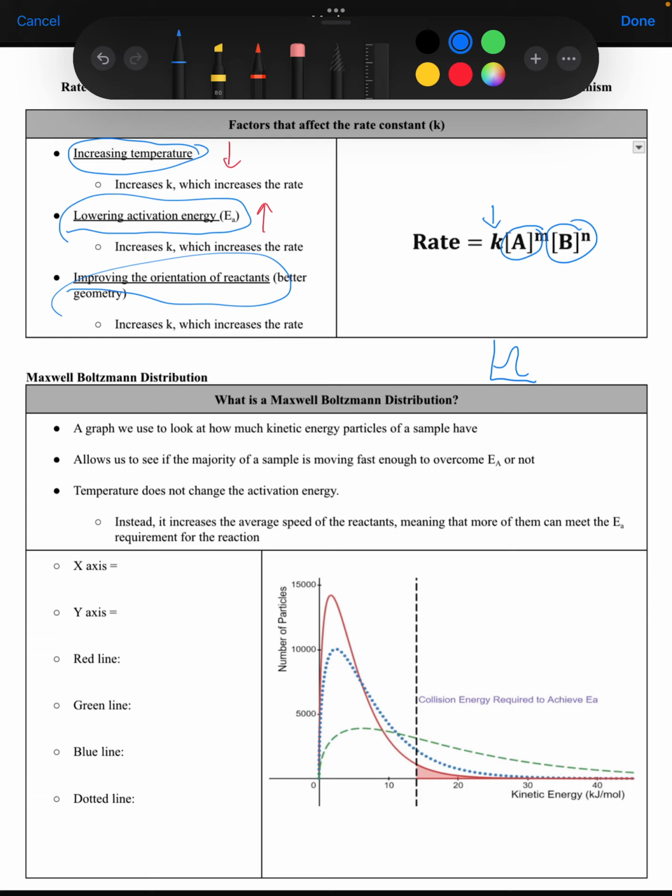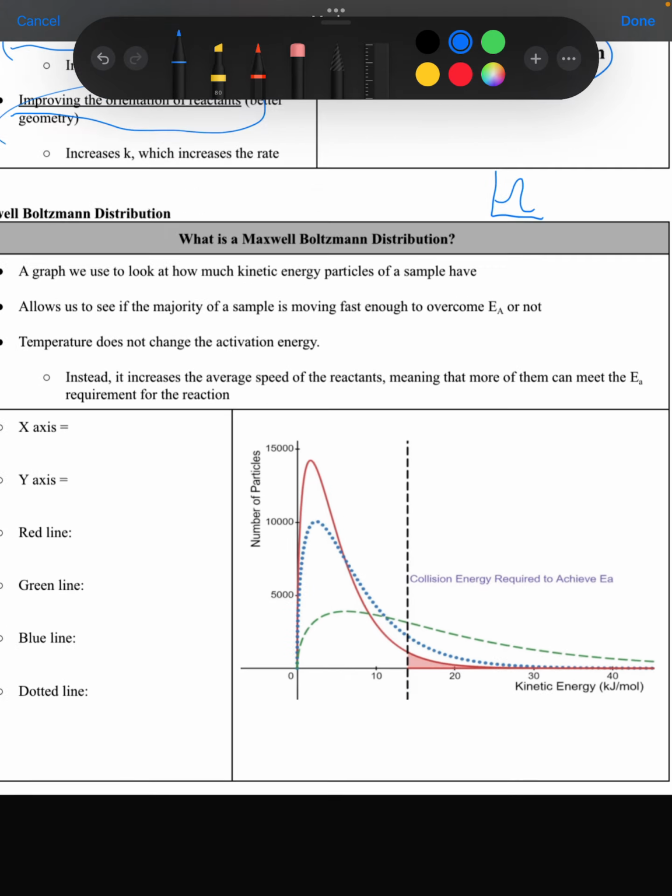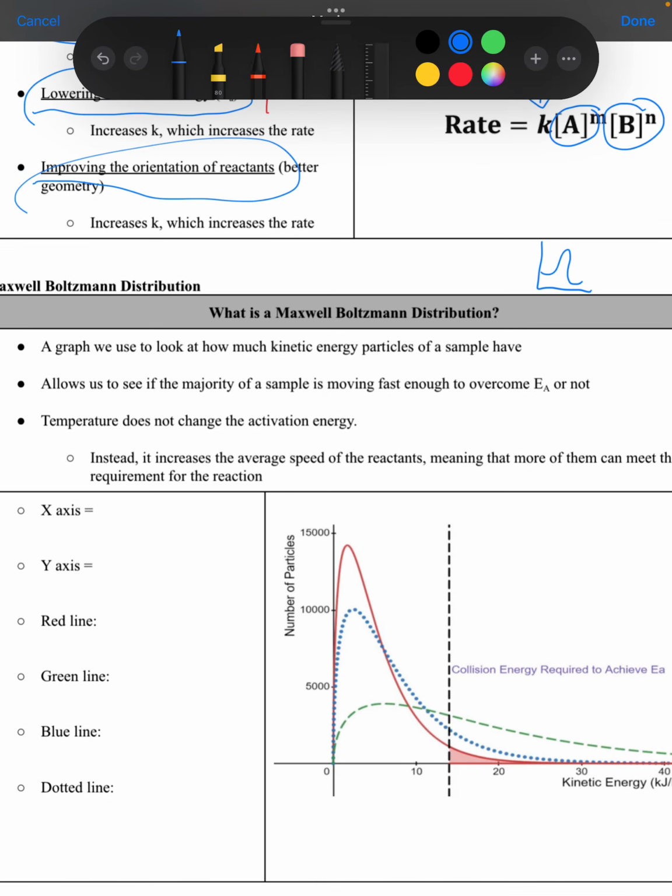Okay? So if we look at this graph down here, we see that there are a few different lines. But let's explore what all the parts of this graph mean really quickly. The x-axis could be a couple of different things. Most often, you will probably see it as kinetic energy, just as it is listed down here. But sometimes you could also see it as velocity or speed.